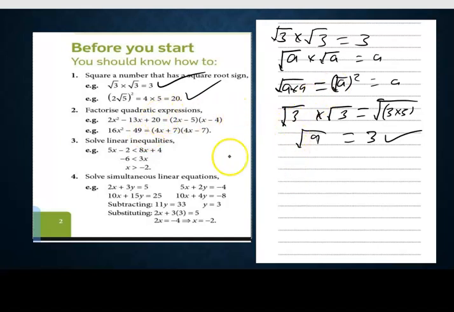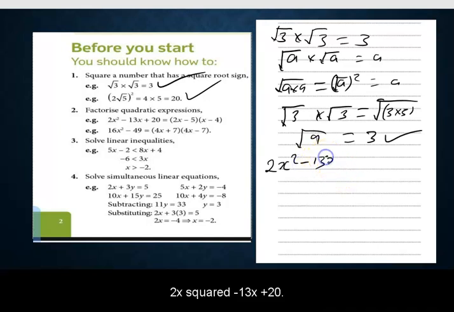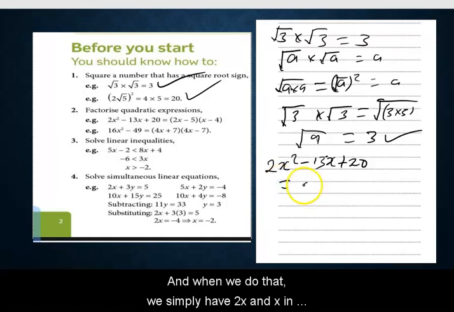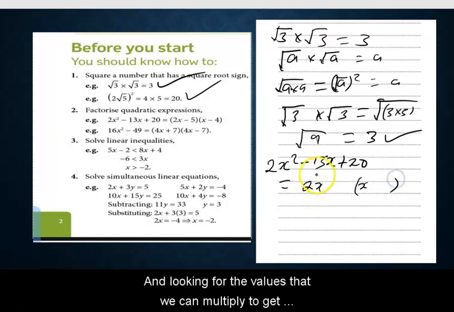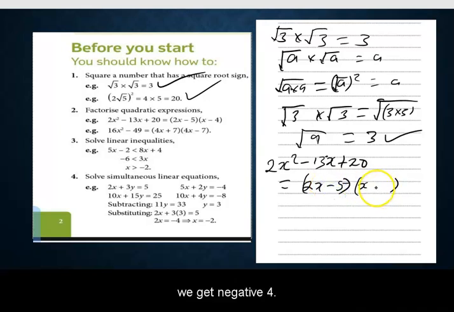IGCSE concept. You are able to factorize a quadratic expression in the form 2x squared minus 13x plus 20. When we do that, we simply have 2x and x in separate brackets. Looking for the values that we can multiply to get 20, we get negative 5 and then negative 4.